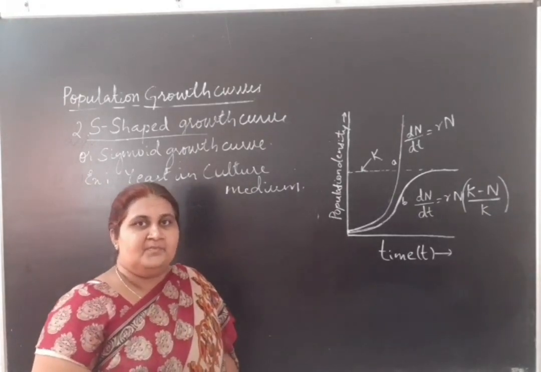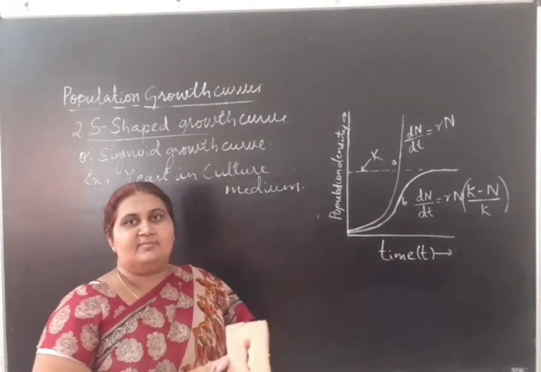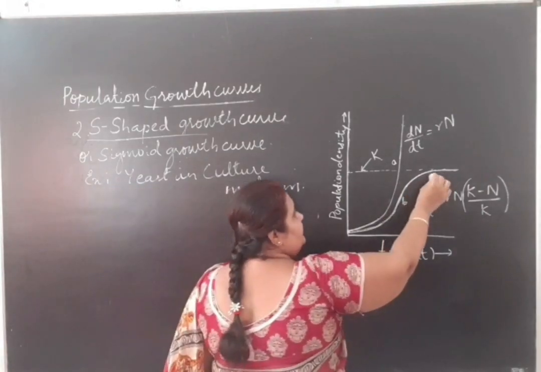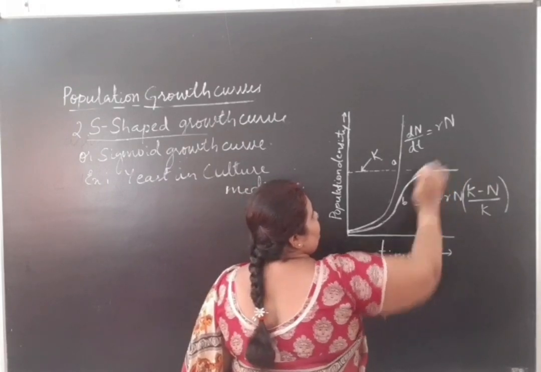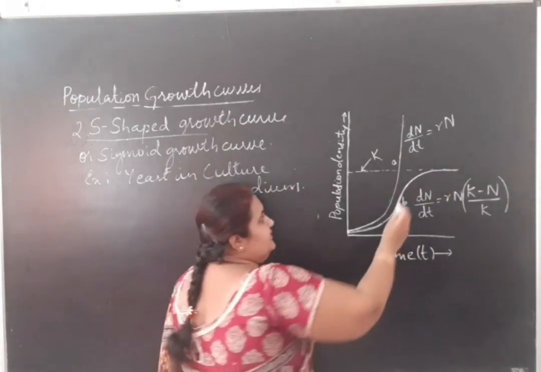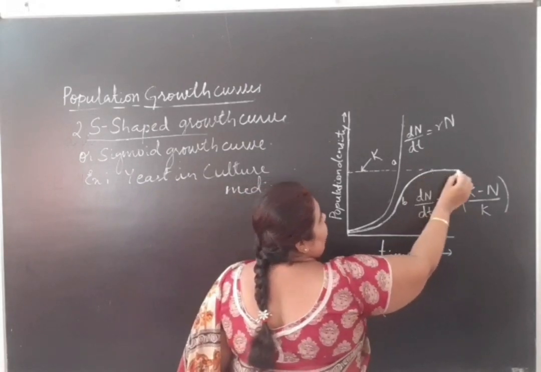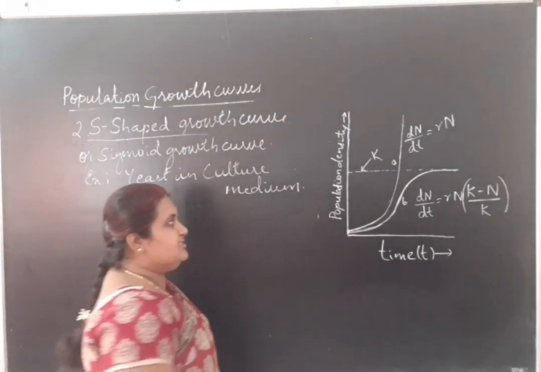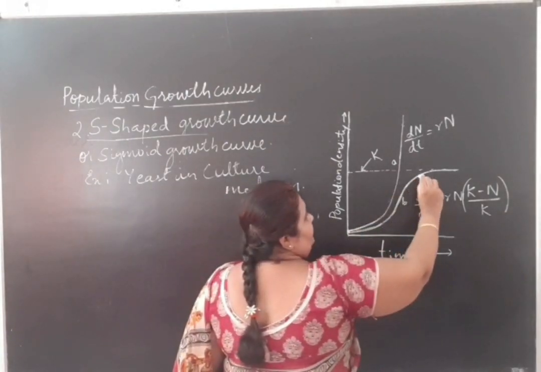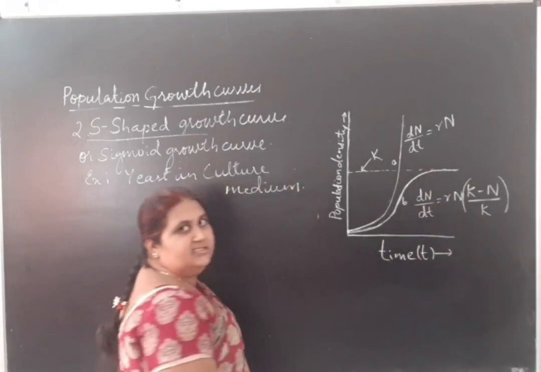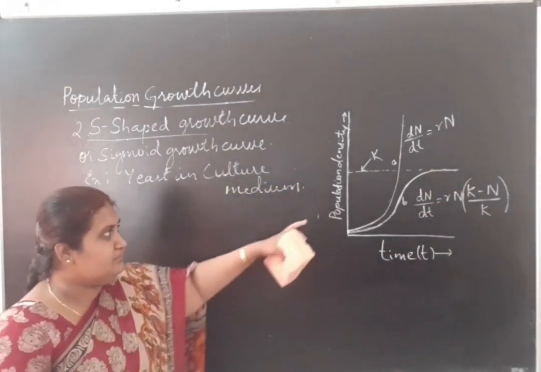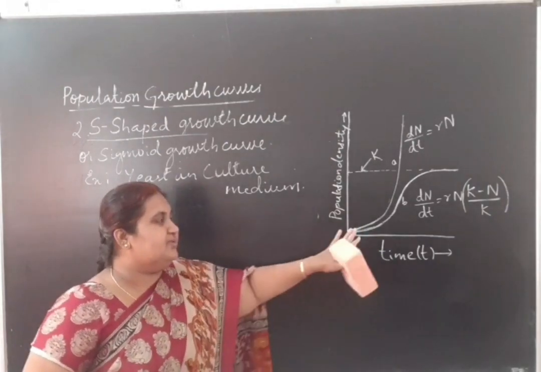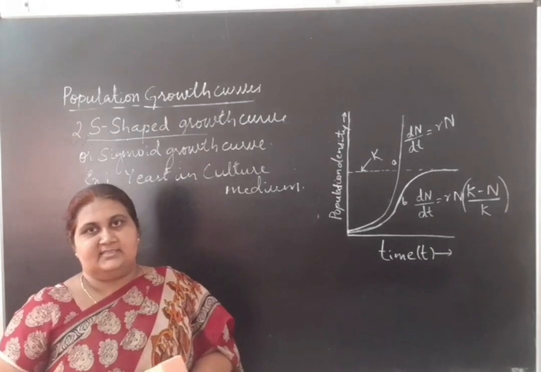Food might become scarce, or there might be competition among the individuals. So what happens if the population crosses the carrying capacity? Then there will be a decrease in population size due to increase in mortality.